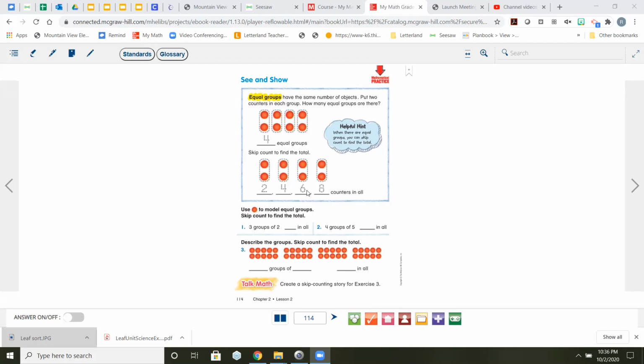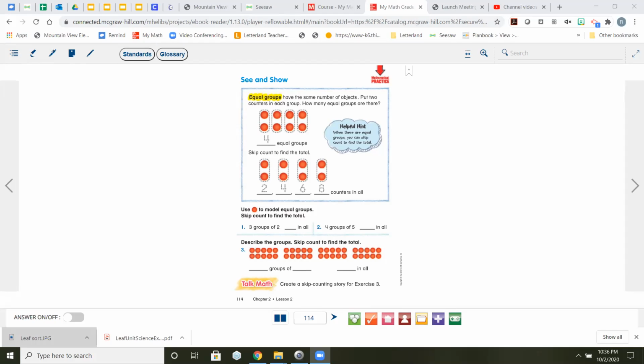All right. Now let's go down to our practice. It says use counters to model equal groups. Skip count to find the total. It tells us here we have to make 3 groups of 2 and find out how many we have in all. So we're going to make 3 groups, 2 in each group. I am going to go to the camera.